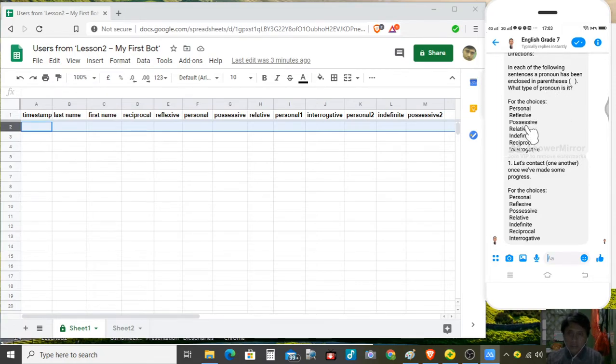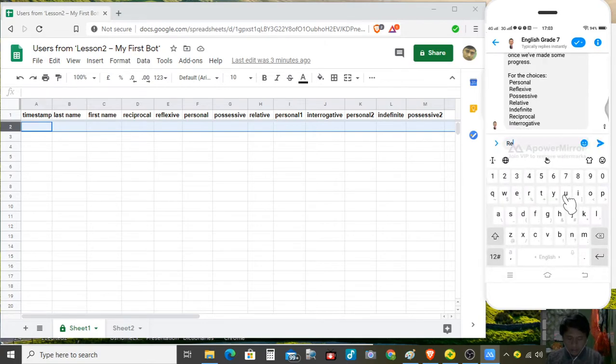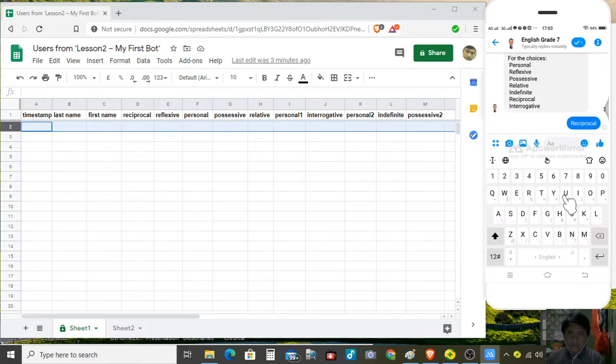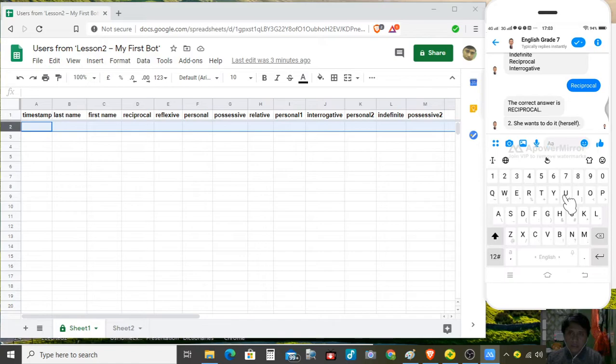Let's have number one. Let's contact one another once we've made some progress. So, one another. Let us try reciprocal. Okay, so the answer is reciprocal. Then number two, reflexive.